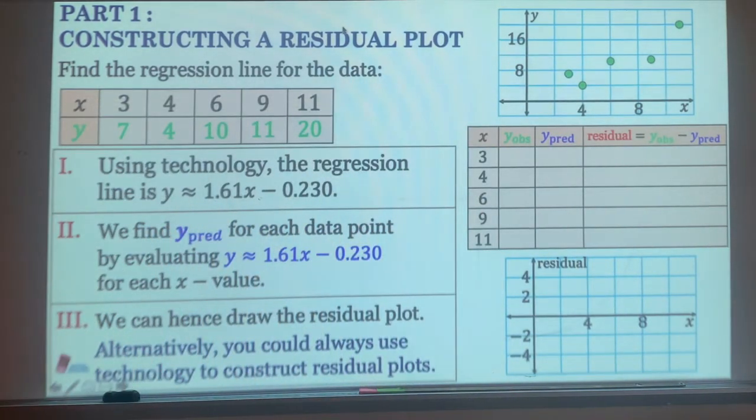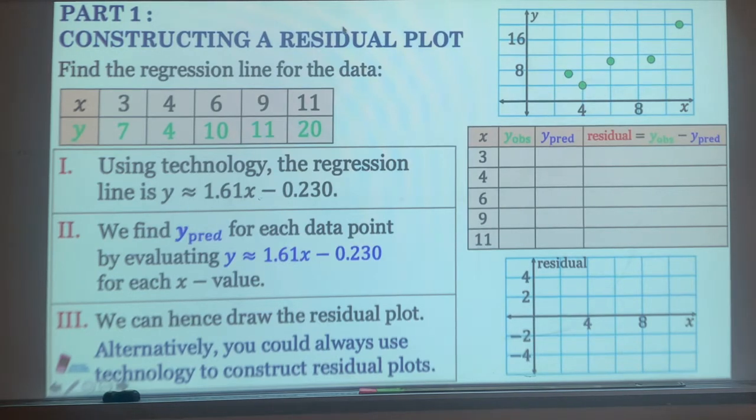So what I did was, and I saved you guys some time, just to get on with this, I went into stat edit and cleared all my lists. I entered 3, 4, 6, 9, 11.